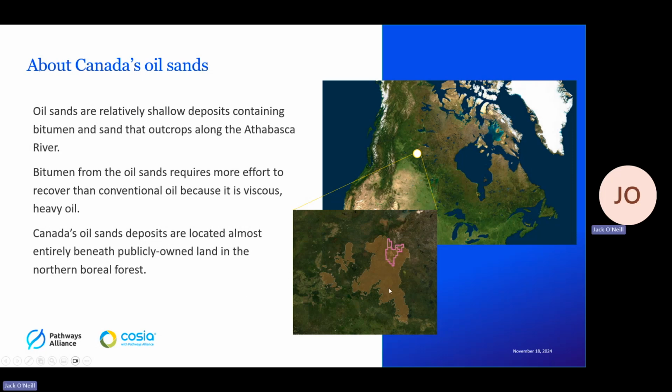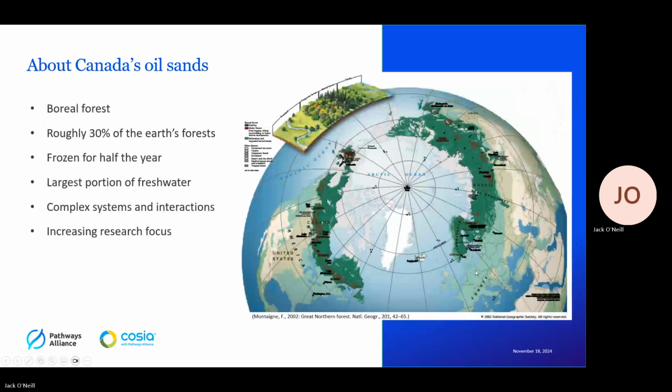Canada's oil sands are almost entirely underneath publicly owned land in the northern boreal forest. Here's a boreal forest, a very important feature biome of the globe.